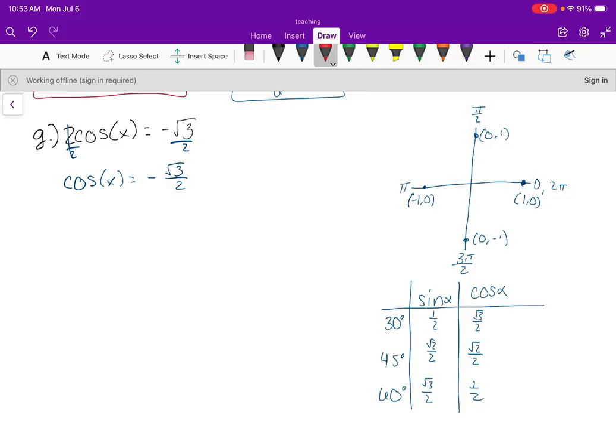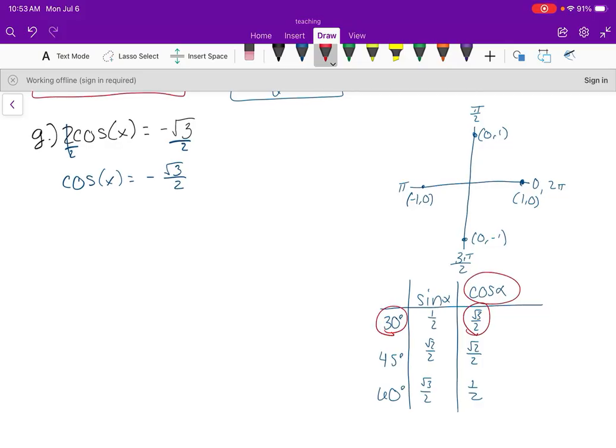cosine x equals negative square root 3 over 2. So if I try to get my reference first, cosine is square root of 3 over 2 at 30 degrees. So I can say that my reference here is 30 degrees. But we need to be careful because if I plug 30 degrees into cosine, I get positive square root 3 over 2 because cosine is positive in quadrant 1 and 30 degrees is quadrant 1.